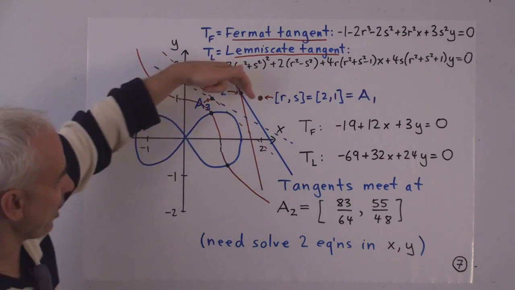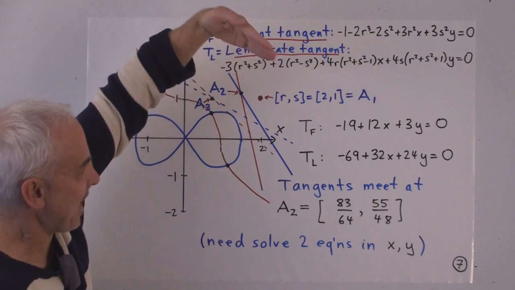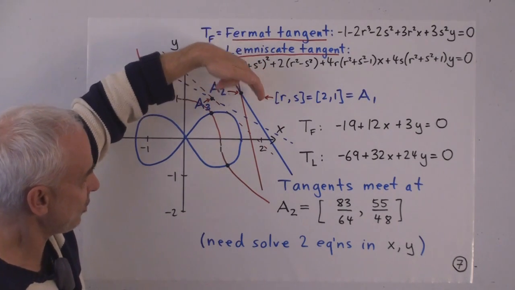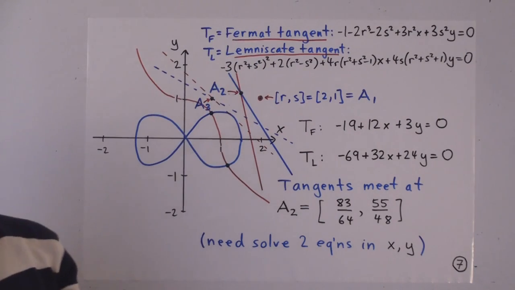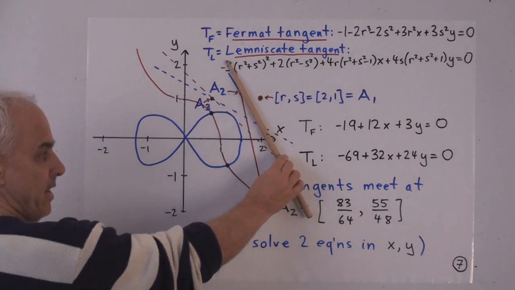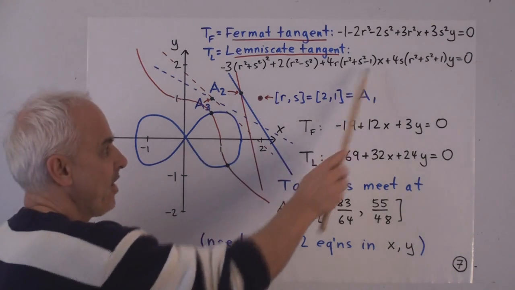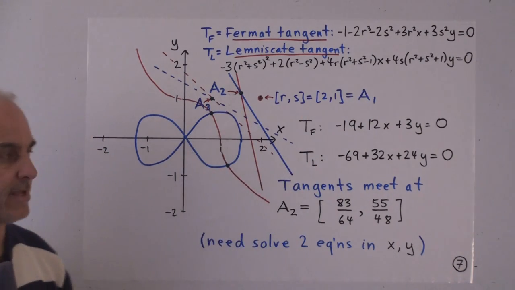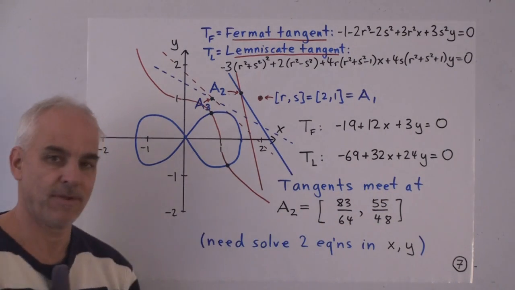So at this point here, the surface is going to be out here like this, and there's going to be another tangent plane to the surface above this point, and that tangent plane is going to meet the XY plane in this blue line. And the equation of that is obtained by taking this and substituting R equals 2 and S equals 1, and then setting it equal to 0, and this is that line.